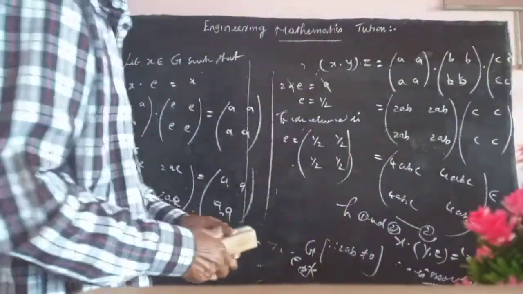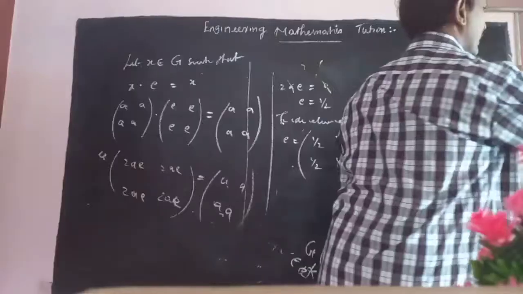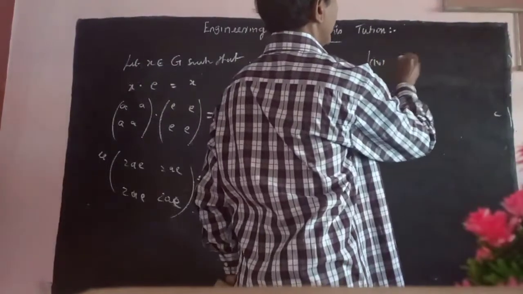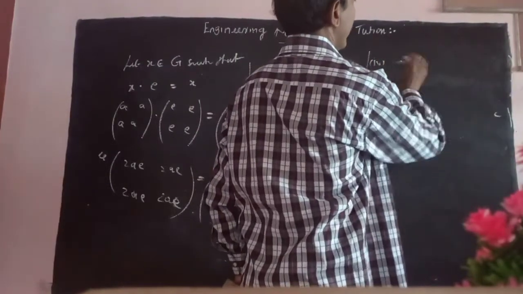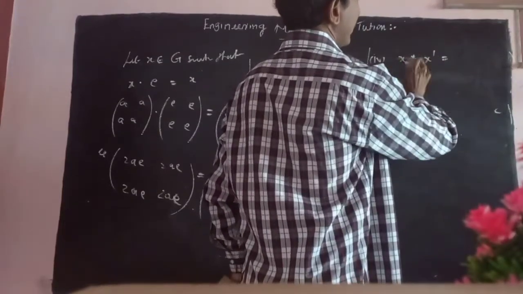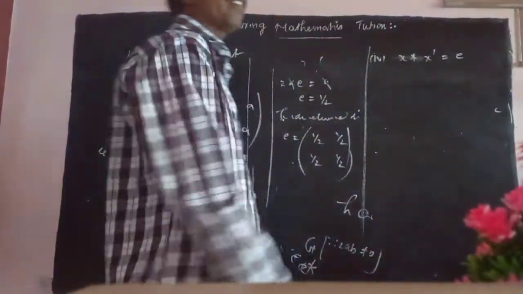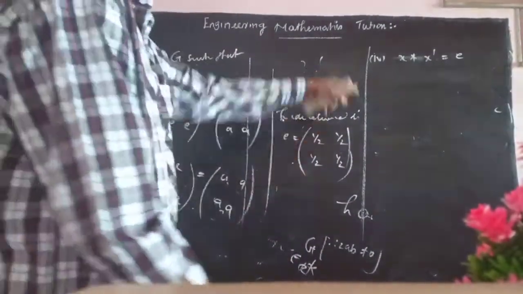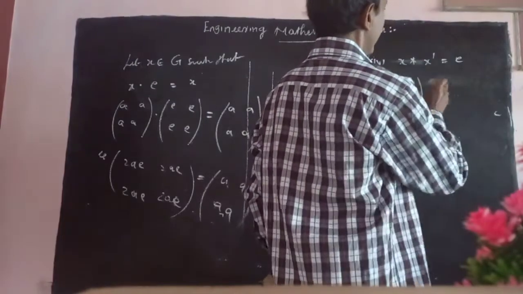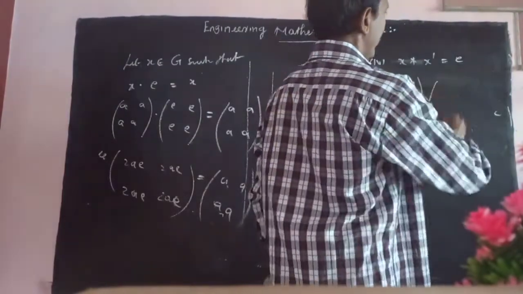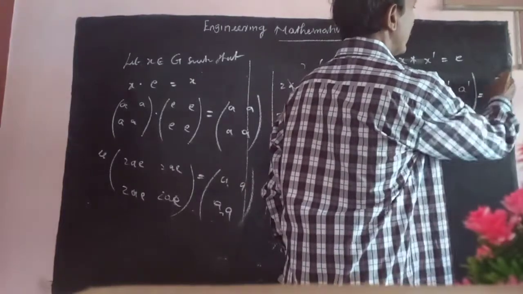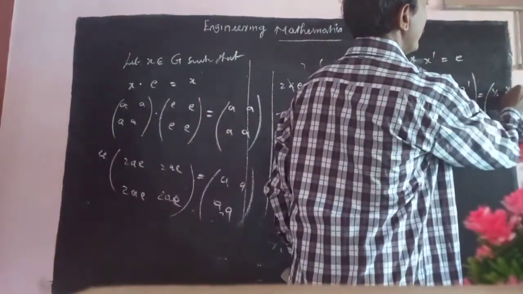Okay, now find the inverse element. Inverse property, the fourth one, that is X star X dash equal to identity. A star A dash equal to identity. So A dot A1 equal to E, every entry 1 by 2. That is 2AA1 in every entry equal to 1 by 2.